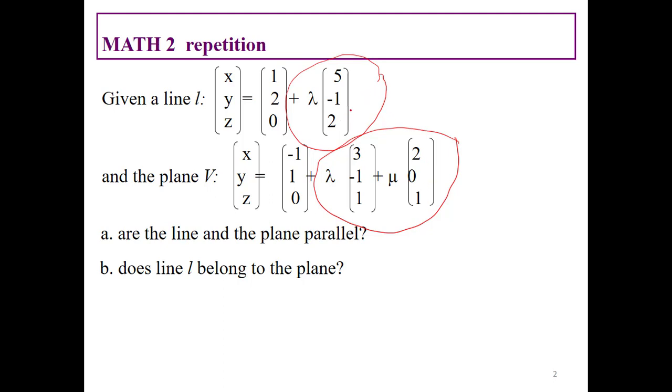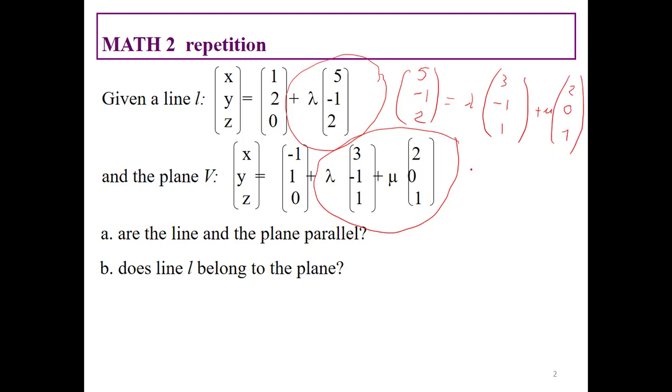And when are this line and this plane parallel? When the vector of the line is dependent, can be built with the help of the other two vectors. So let's check this. Can (5, -1, 2) be built as lambda times (3, -1, 1) plus mu times (2, 0, 1)?